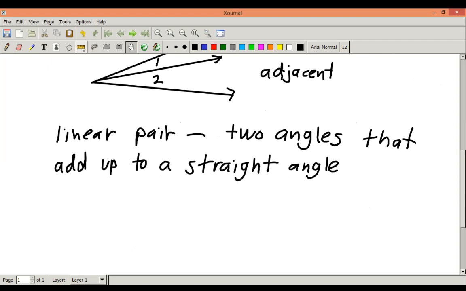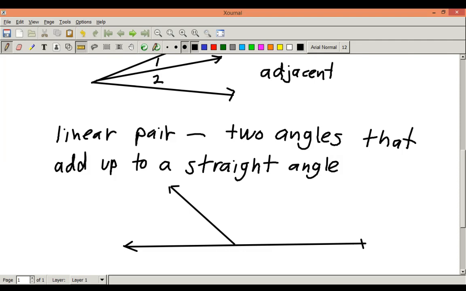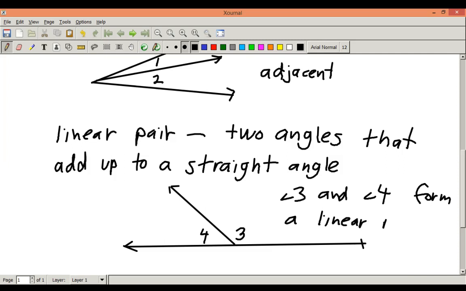So I'll give you an example of a linear pair picture. So this would be, let's say, angle 3 right here, and this would be angle 4. We would say that angle 3 and angle 4 form a linear pair.